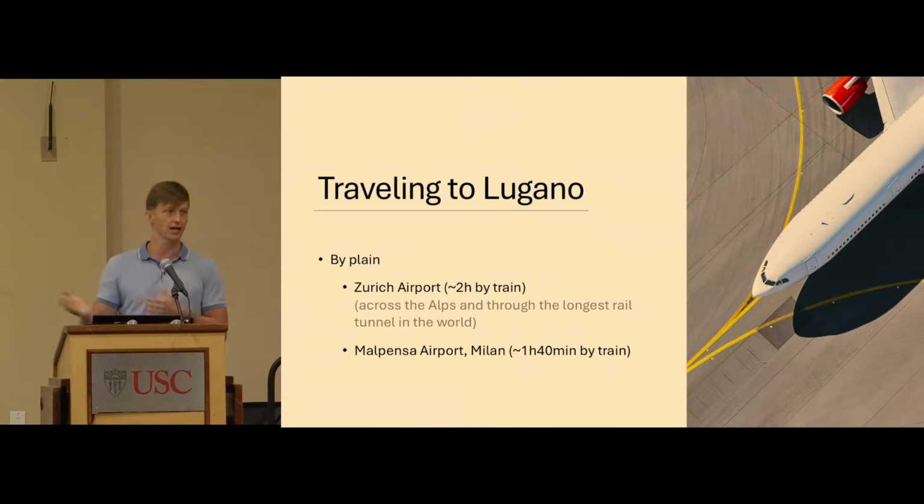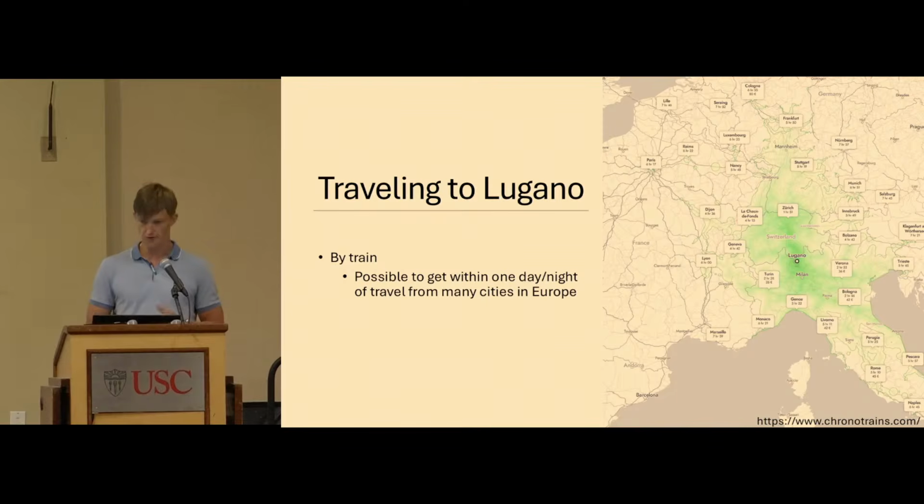If you choose to fly to Milan, you take a train which is 1 hour 40 minutes, and it brings you to the center of Lugano, and with public transportation, within 10 minutes you're at the venue. For those who come from Europe, it's also relatively easy to get to Lugano directly by train, reachable within a few hours.